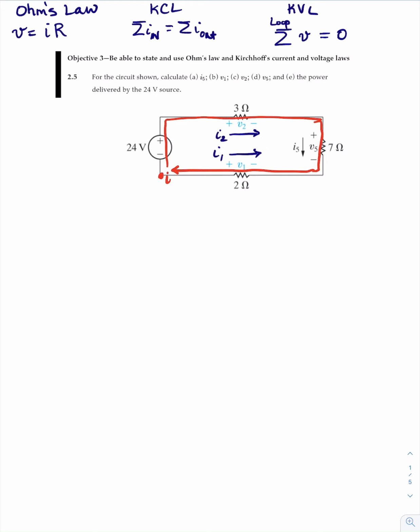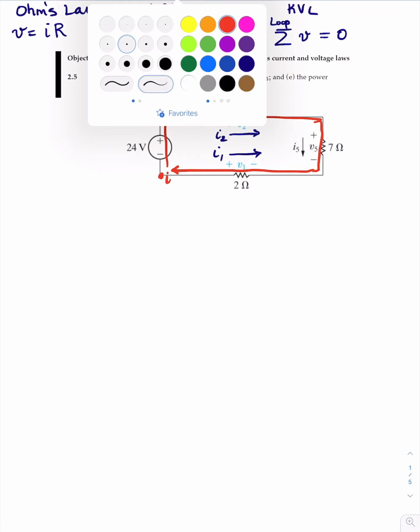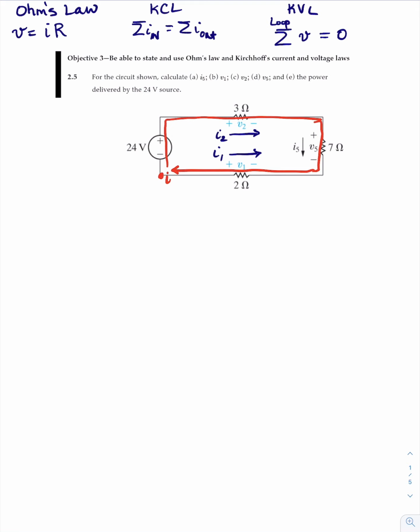All right, so let's start with Kirchhoff's voltage law. So apply KVL at the loop. We only have one loop. So we'll start at this node, and so we have minus 24 volts.